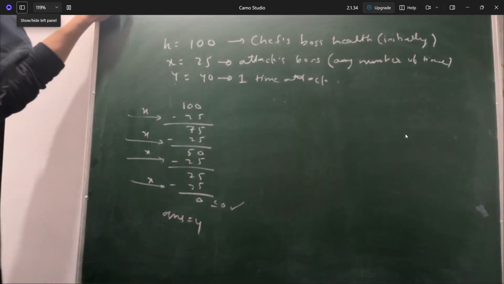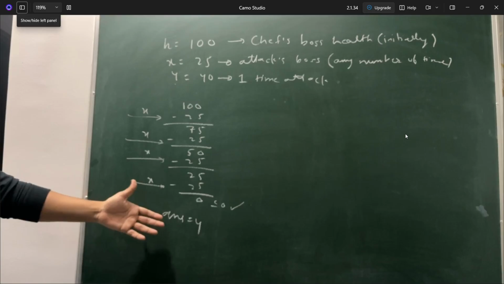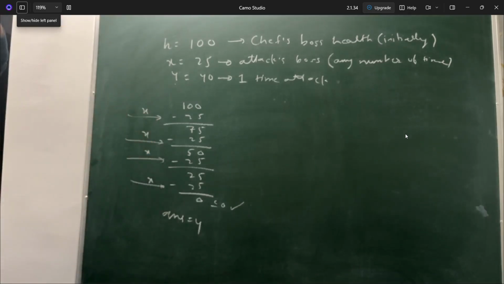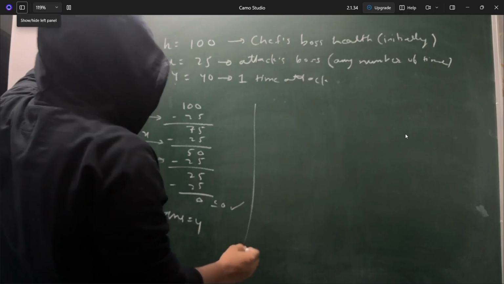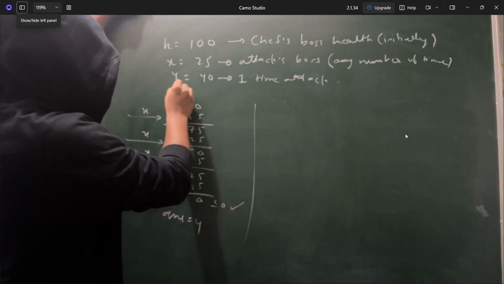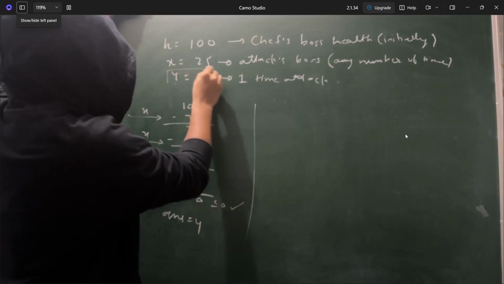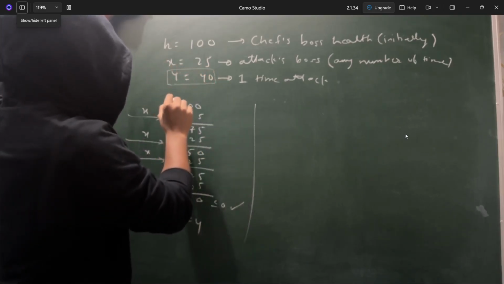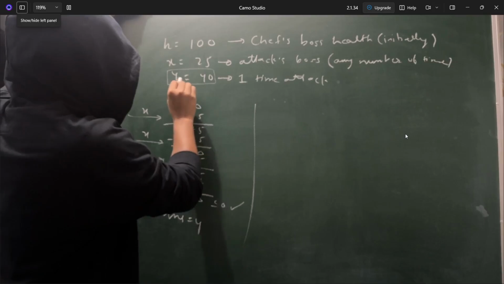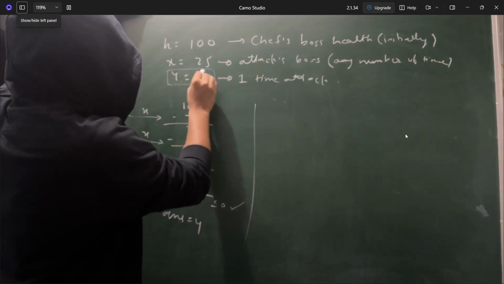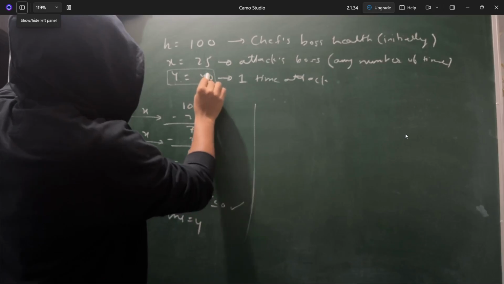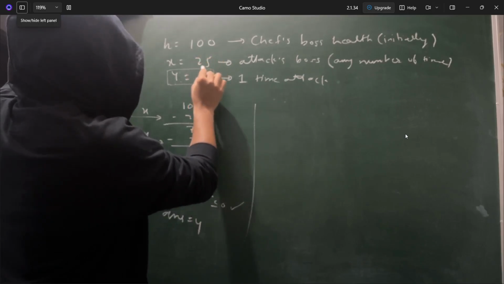But is this the minimum number of attacks? It is not. Let's try to understand. Since Y is a special attack which can be used once, and when he attacks using the y operation, the health of the boss reduces by 40 units, which is greater than 25.